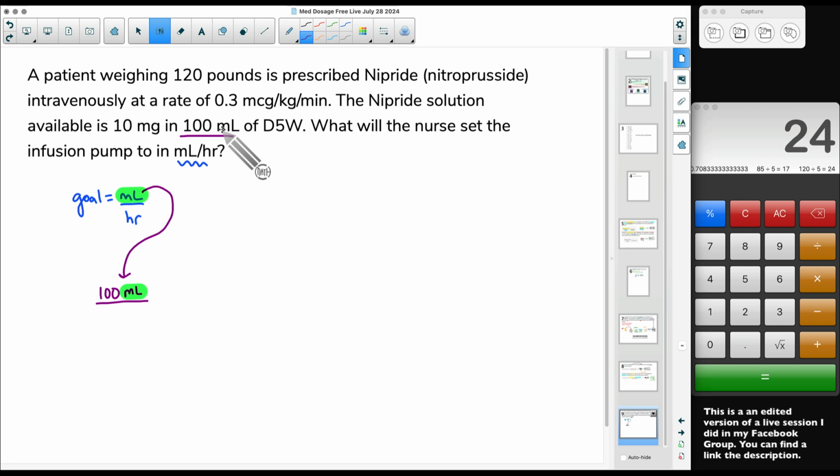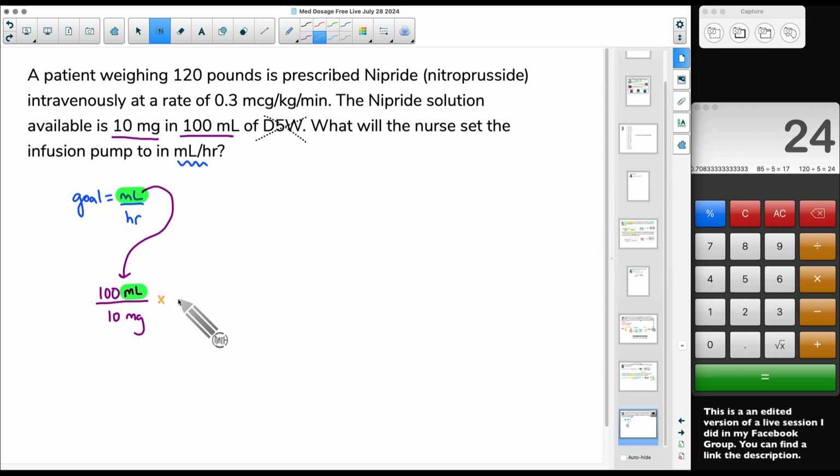In that 100 milliliters of fluid, liquid, there are 10 milligrams of medication. So I'm going to put the 10 milligrams at the bottom. By the way, this D5W dextrose 5% water solution, odds are you will never use that in any dose count problem. But anyway, in that 100 milliliters, there's 10 milligrams of medication.